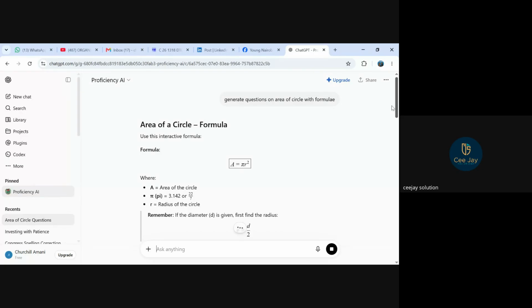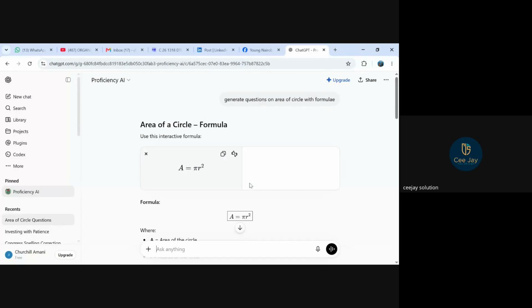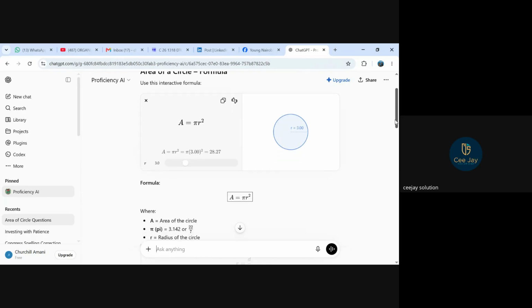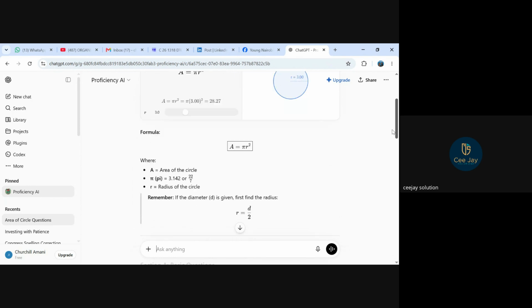Pi can either be 22/7 or 3.14. As you can see on the circle, from this point to this point is the diameter. From the center to the edge, that line is the radius. So the formula is pi r squared.